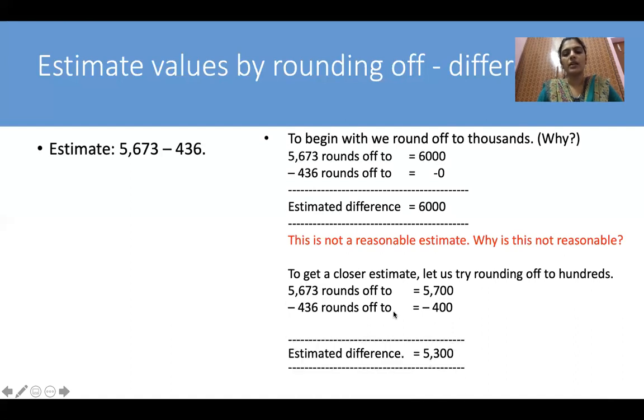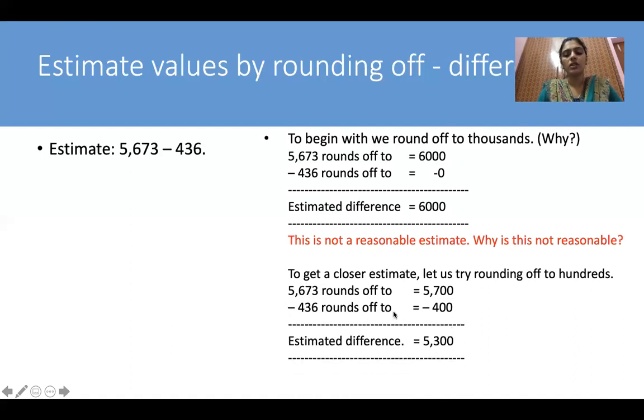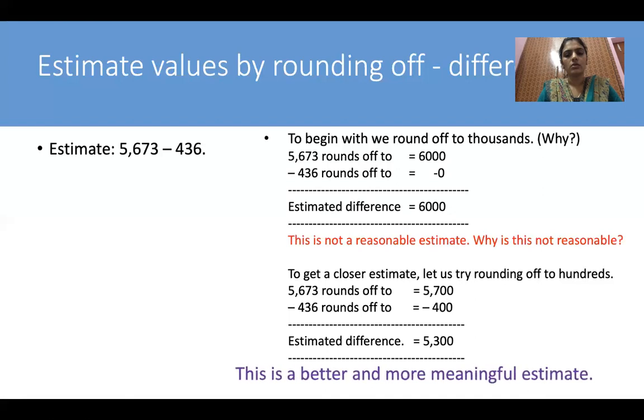If we subtract, we get 5,300. This is a more meaningful estimate. So here we see that the estimation to the least place value is always closer to the actual value. So this is a better and more meaningful estimate.